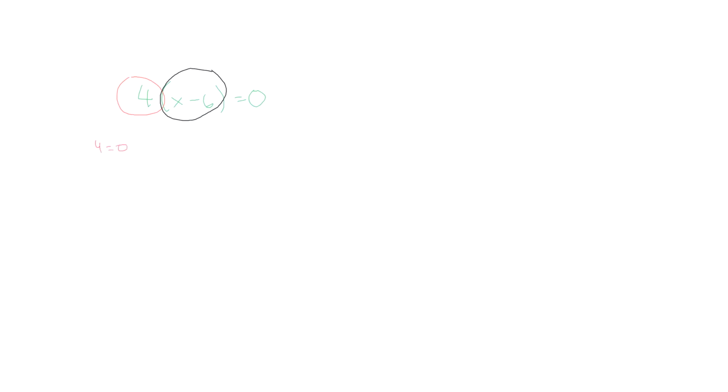So that doesn't count. And then you're going to set the other one equal to 0. x minus 6 equals 0. Add 6 to both sides. And x equals 6. You're going to have one answer because I have one variable to the first degree.